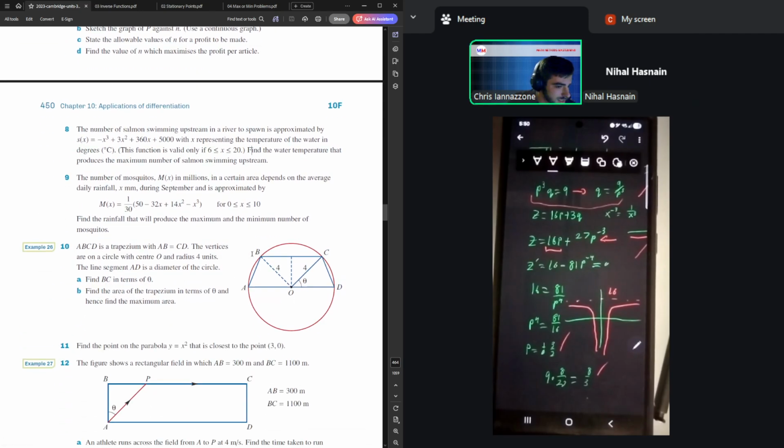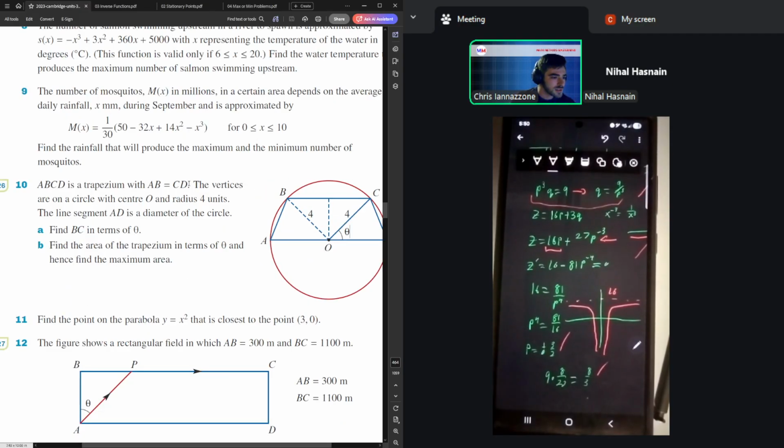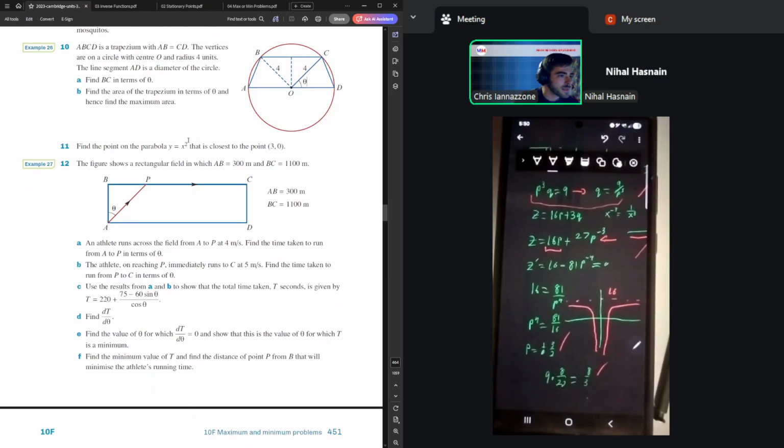Yeah, that's where we get the trapezium related stuff. You've now got thetas involved, so something trig related, surely. Alright, let's suss that out. Okay, find BC in terms of theta first. So BC is that top of the trapezium.